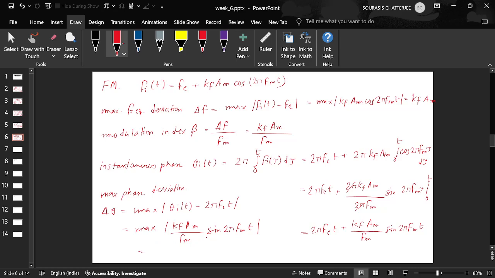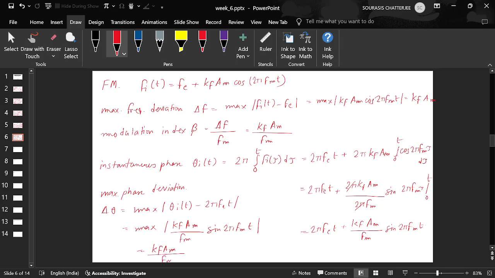So this part will go out and the max of the sine function is 1, so you obtain kf Am by fm. This term, if you remember, is nothing but the modulation index for the frequency modulated signal.